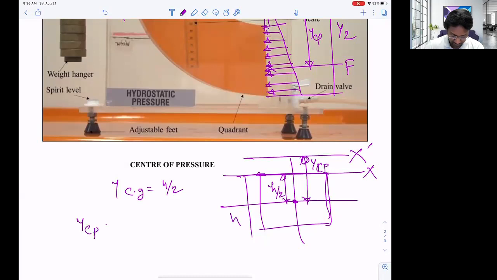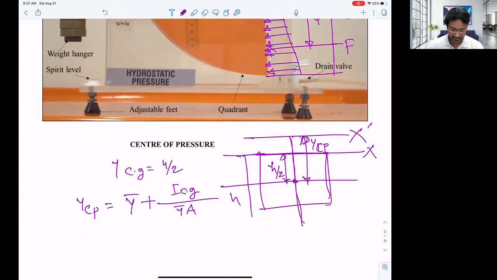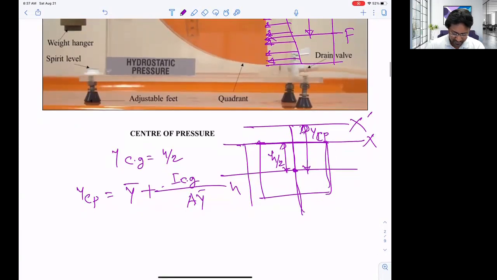So yCp will be y bar, the center of gravity from the previous axis, plus the moment of inertia about the centroidal axis, ICG, because these are the centroidal axis, and then divided by a y bar.